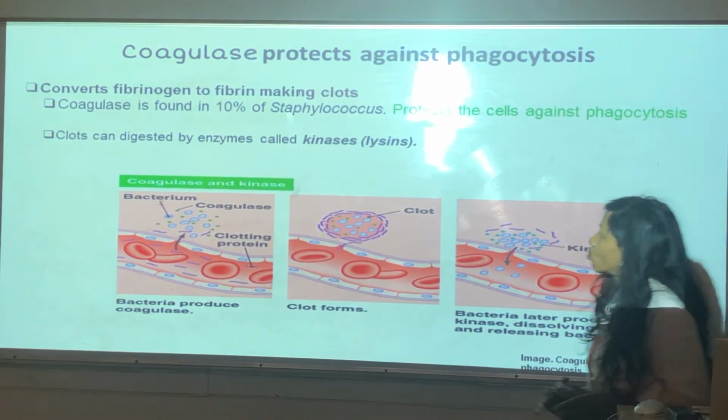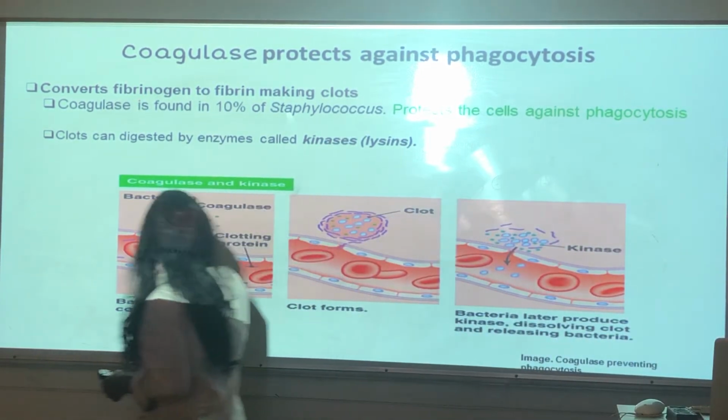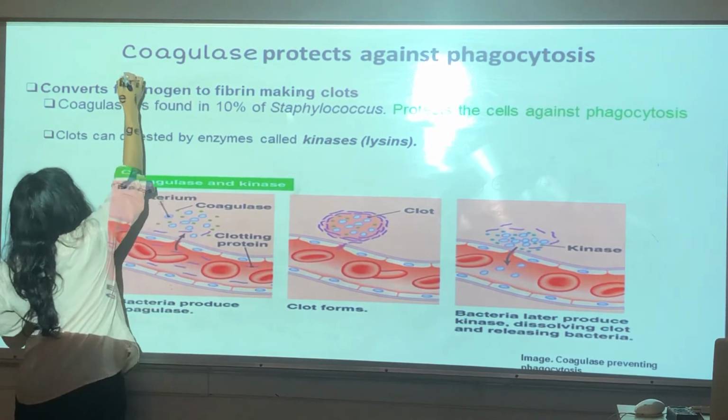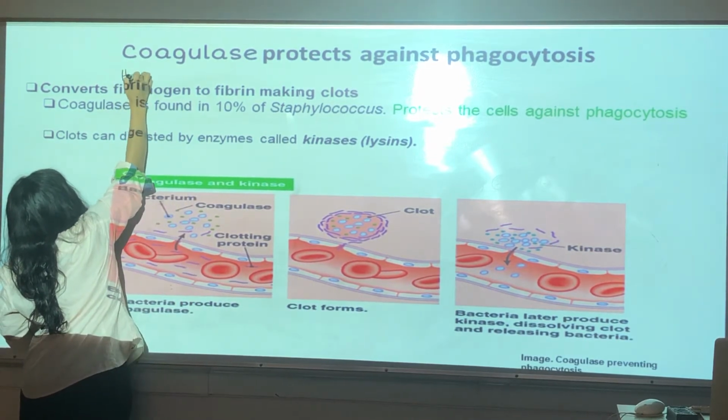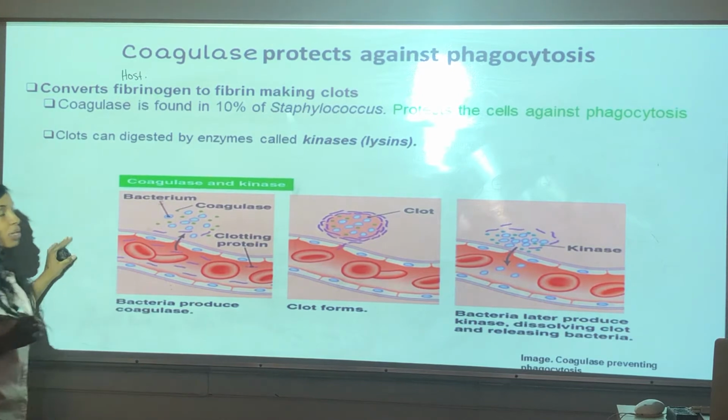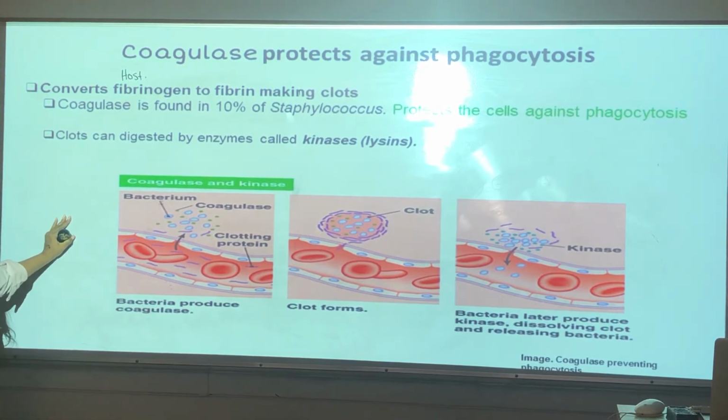So what is fibrinogen? This is going to be a structure in the host. So the host is making fibrinogen, and the coagulase, this enzyme, the bacteria are now taking the host fibrinogen and converting it into fibrin.